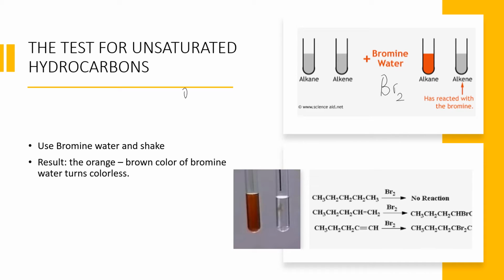It will break one of the bond pair between carbon and carbon atom in an alkene, and the double bond will break into a single bond and bind with Br. So the brown color of Br2 will disappear or decolorize.